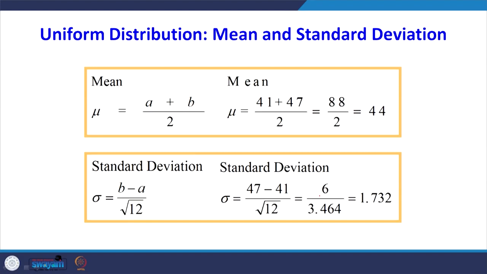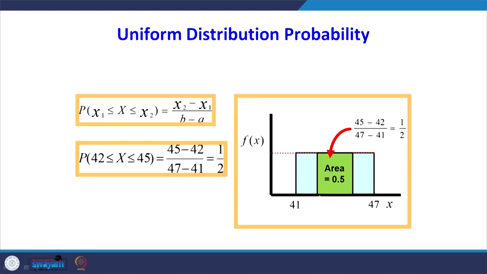So, the mean of the distribution is (41 plus 47) divided by 2, so 88 divided by 2, 44. Standard deviation is (b minus a) divided by root of 12. So, (47 minus 41) divided by root of 12 is 6 divided by 3.464, which is 1.732.